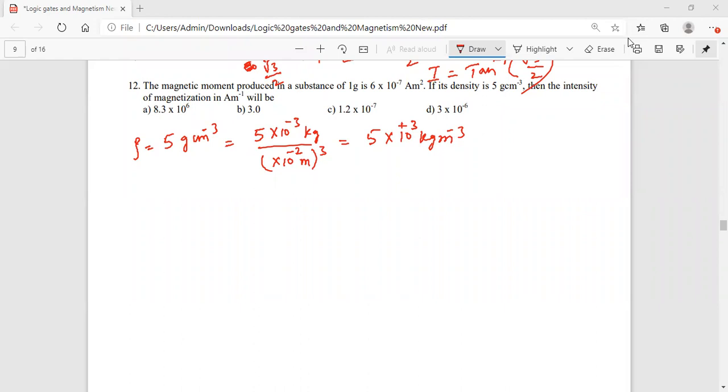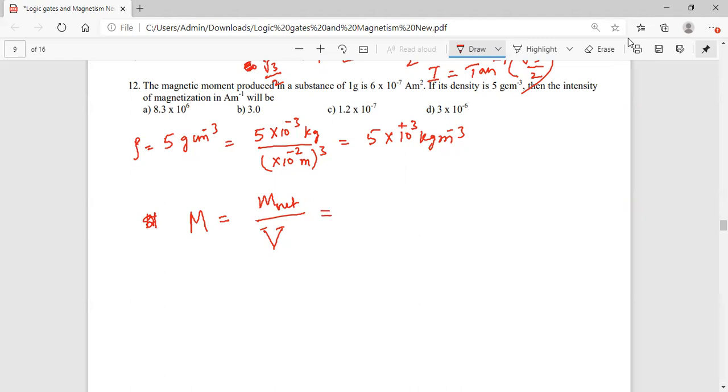Now, intensity of magnetization means M, not H. The magnetization M is equal to the net magnetic moment developed per unit volume. Net magnetic moment developed per unit volume is called magnetization.